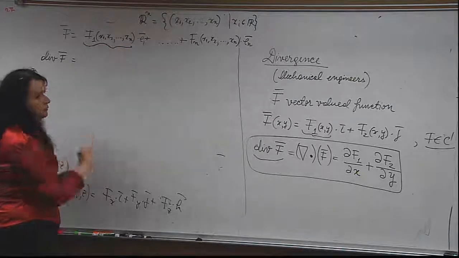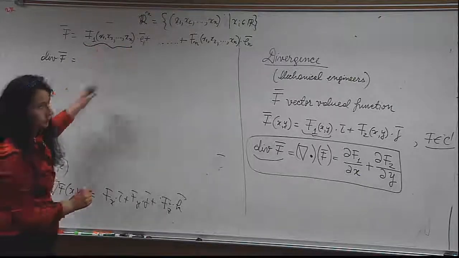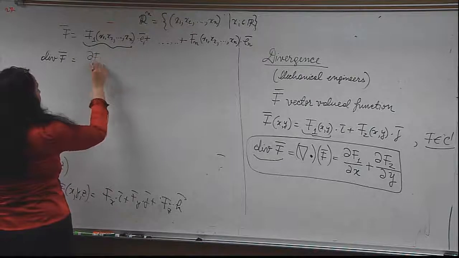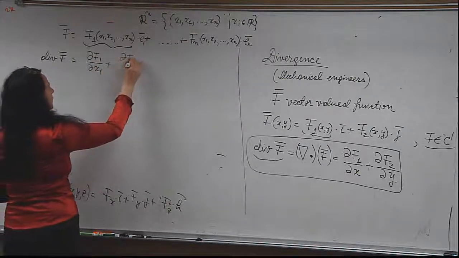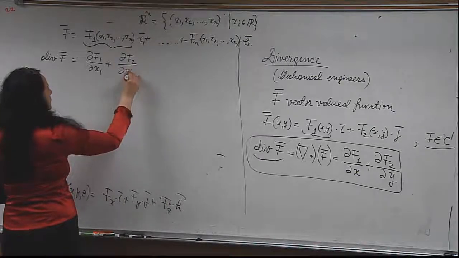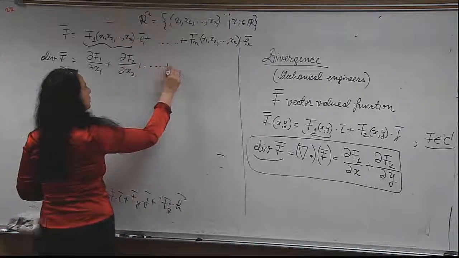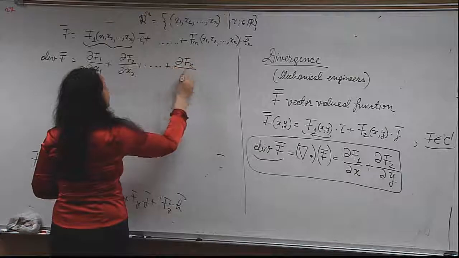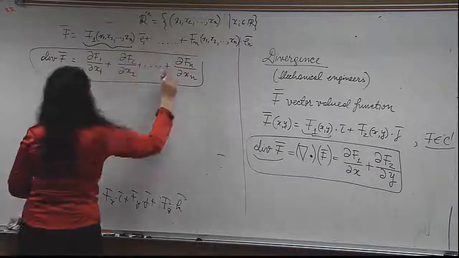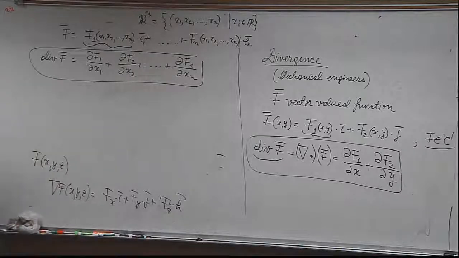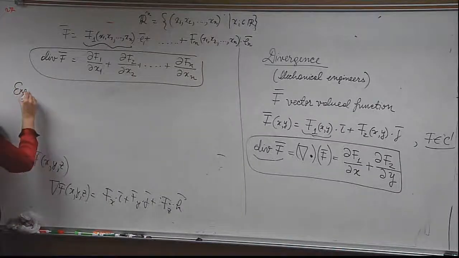First component with respect to the first variable, plus second component with respect to the second variable, and so on, last component with respect to the last variable. So that would be the general definition. And now I'm asking you, assume, exercise.